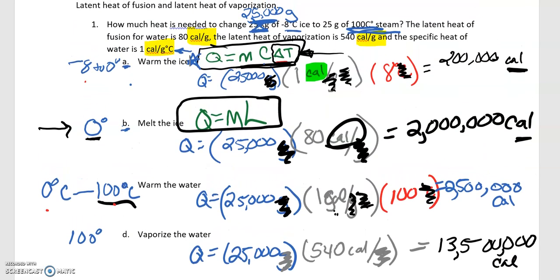Now the last thing I need to do is add all these up, because this is just telling me how many calories it took to do each of the steps, and the question is asking for how much heat is needed to change it from that -8°C ice to 100 degree Celsius steam. So I need to add all these up.